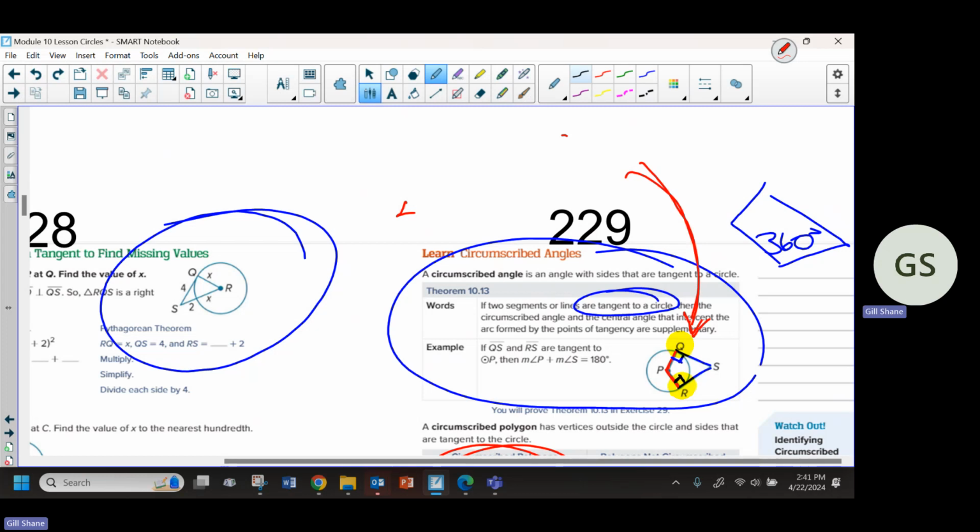Angle P plus angle S has to be 180, because Q plus R is 180, and I know the whole figure has to be 360. So therefore, if I subtract 180 out of it, there's 180 left, which means P plus S.